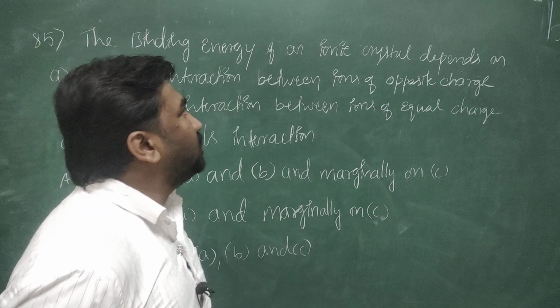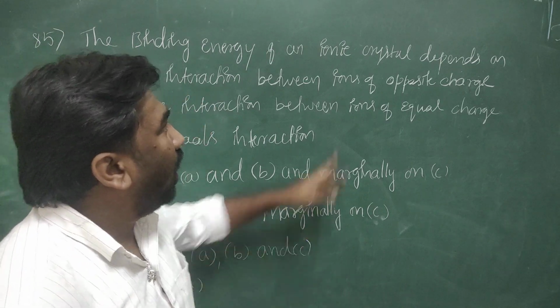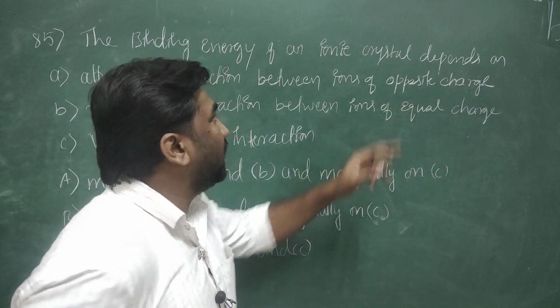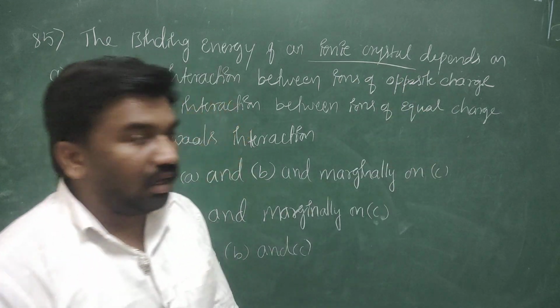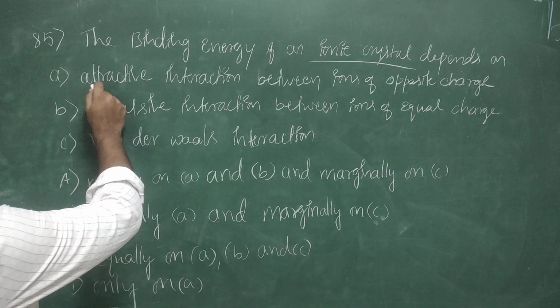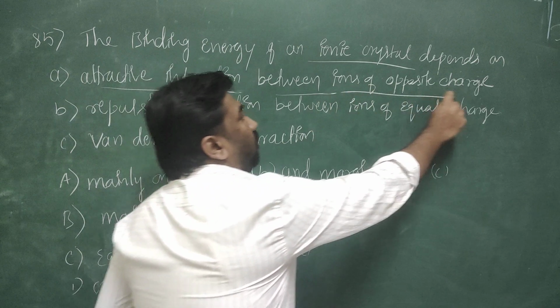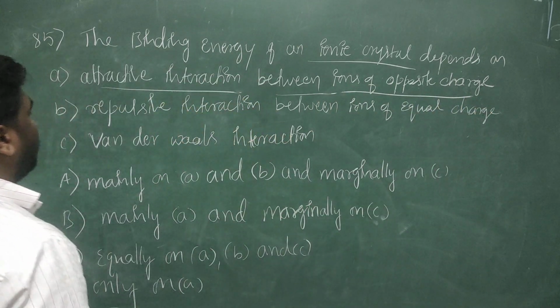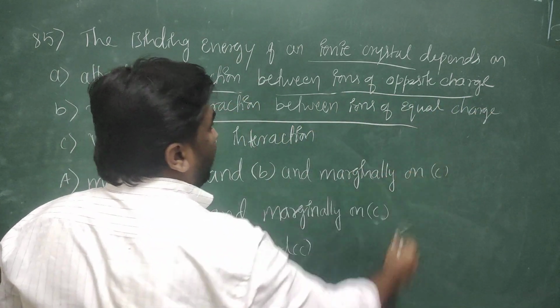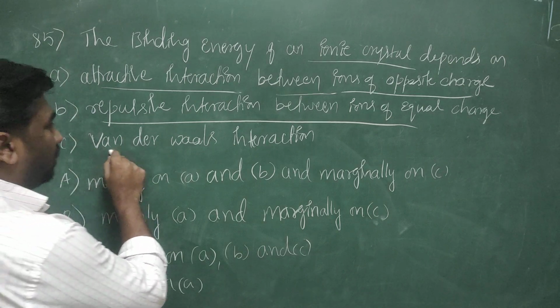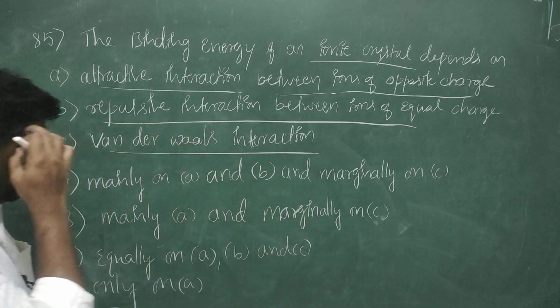The binding energy of an ionic crystal depends on attractive interaction between the ions of opposite charge, repulsive interaction between ions of equal charge, and van der Waals interaction.